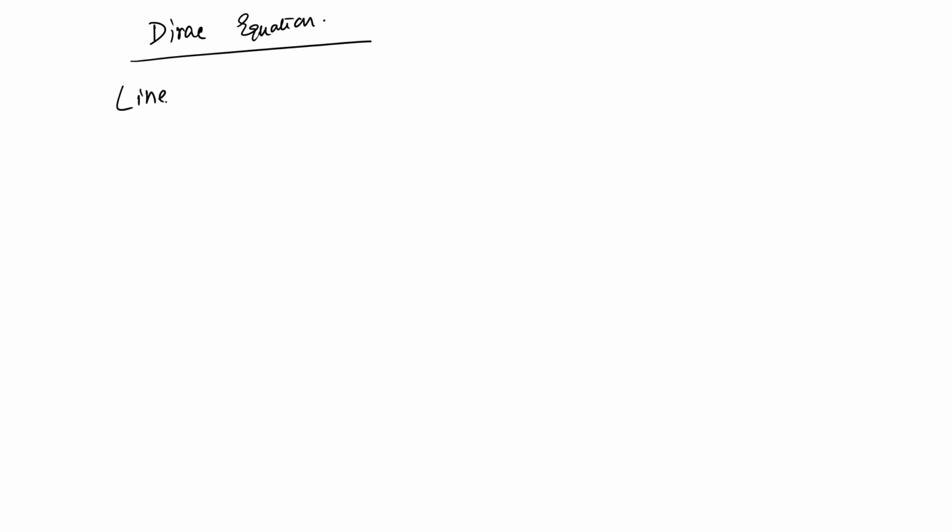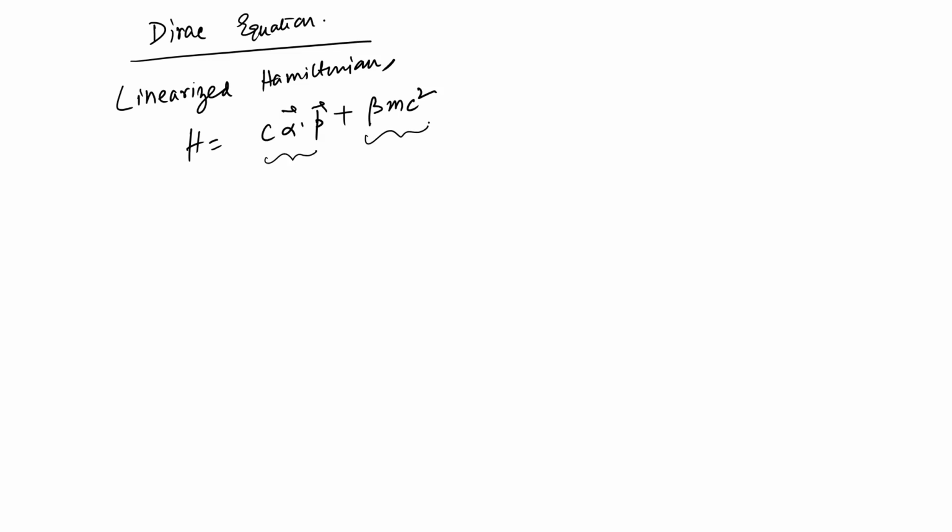In fact, as I said earlier, he downgraded the space derivative from a double derivative to a single derivative. Okay. So, the linearized Hamiltonian looks like H is equal to c alpha dot p plus beta m c square. This is the kinetic energy, and this is the rest mass energy.